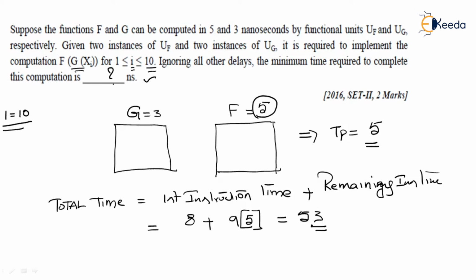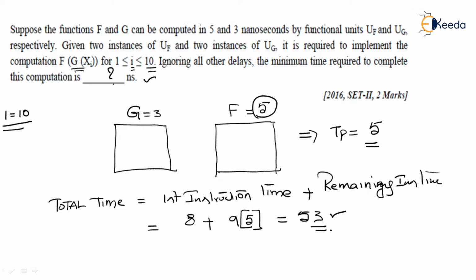This could be the possible answer if there is no other detail provided in the question. But hold on, there is a catch in the question. Most of you, without looking at any other possibility, might get fixed with this. 53 might be the minimum time required to execute these.